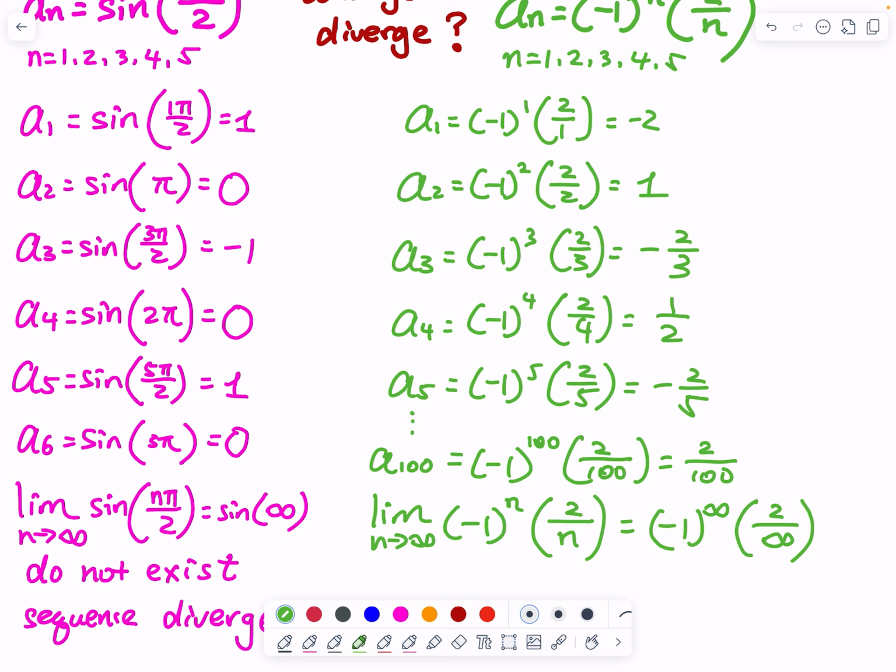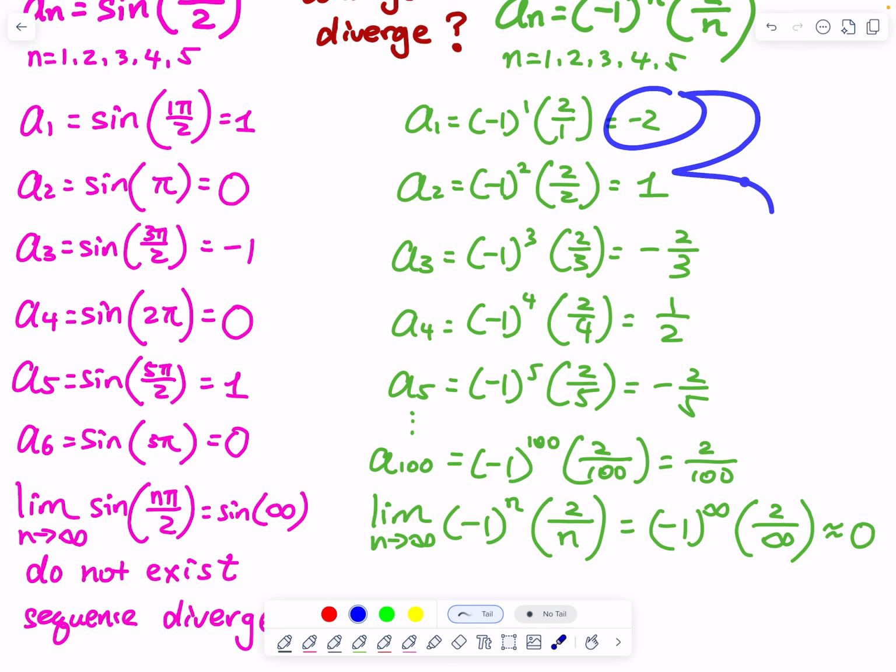Each piece is nearly 0. When n becomes really large, that gives you a large denominator. 2 divided by a large denominator, regardless of positive or negative, is very close to 0.